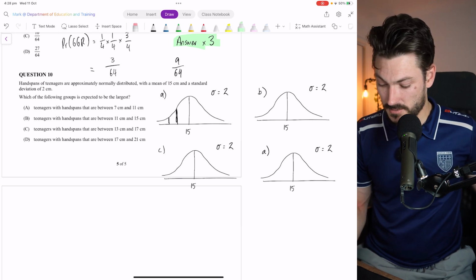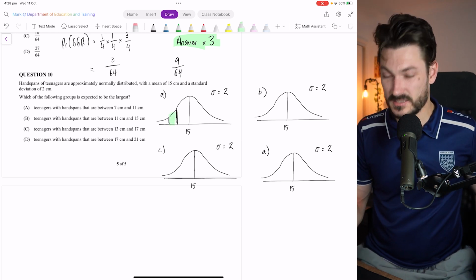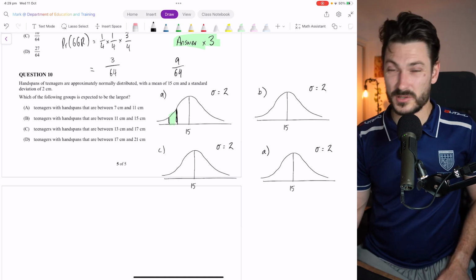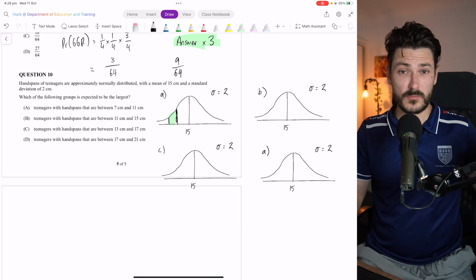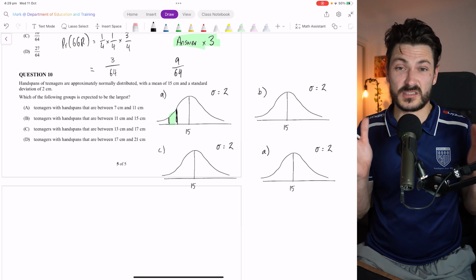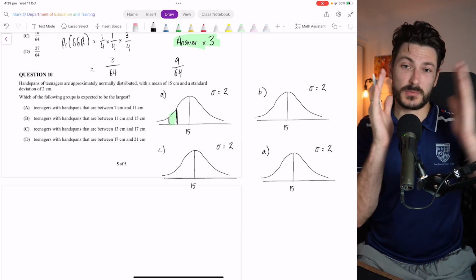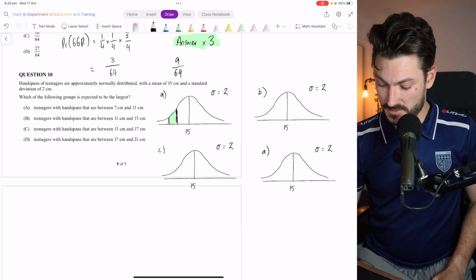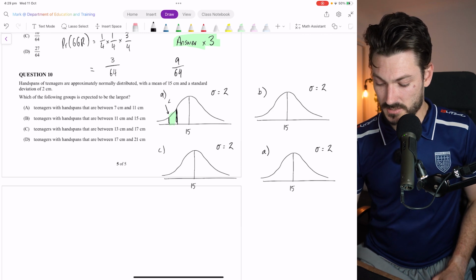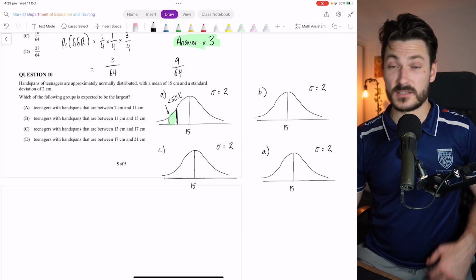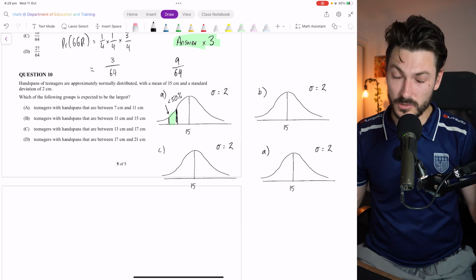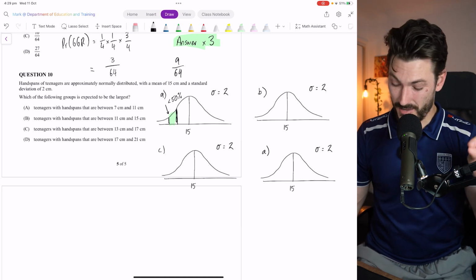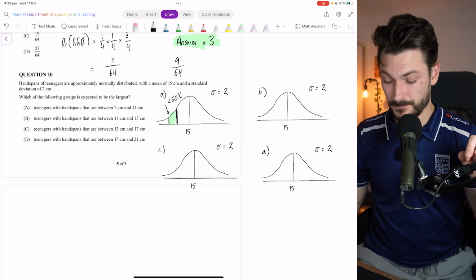So if I highlight this here, even if I don't understand that it's going to be that small, I can see that because it's to the left of the mean, and the mean represents the middle point, so that there's going to be 50% to the left and 50% to the right, I know that this region in here is going to be less than 50%. That's all I know at this stage. I could do some calculations later if need be, but at this point, it's less than 50%.